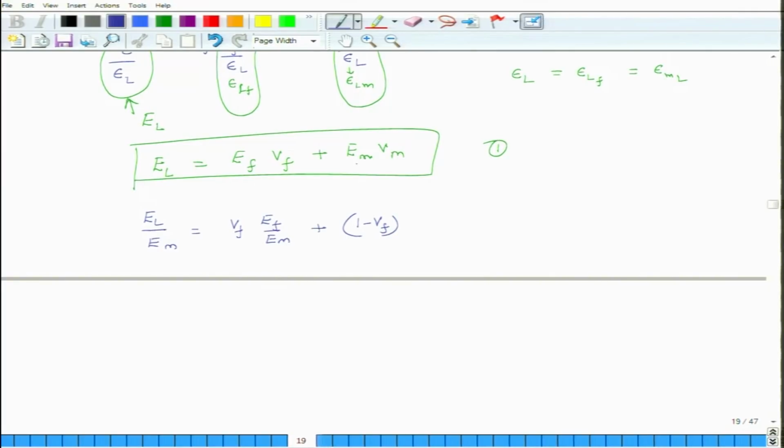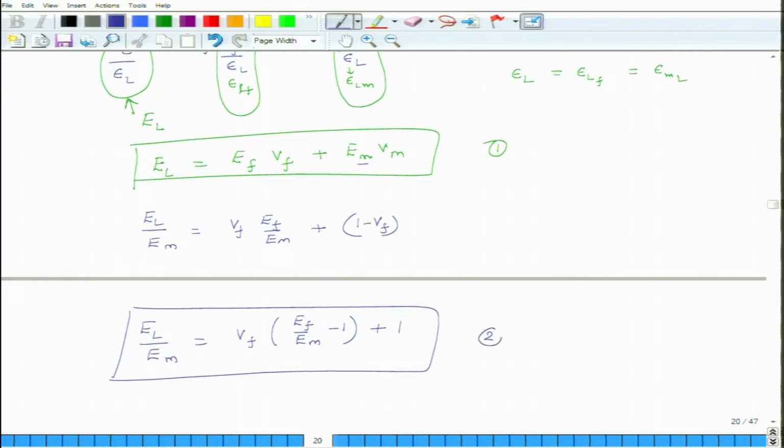So, this Em is gone, and if I rearrange I can write it as EL over EM equals, I take Vf common, EF over EM minus 1, plus 1, yeah.